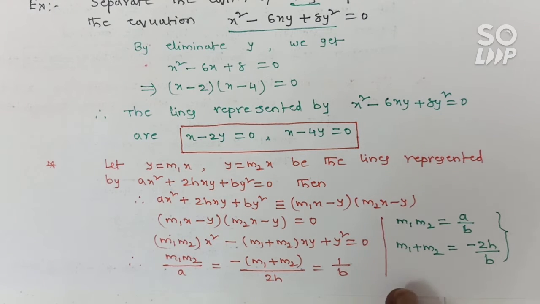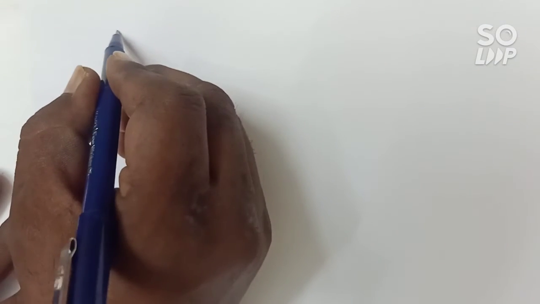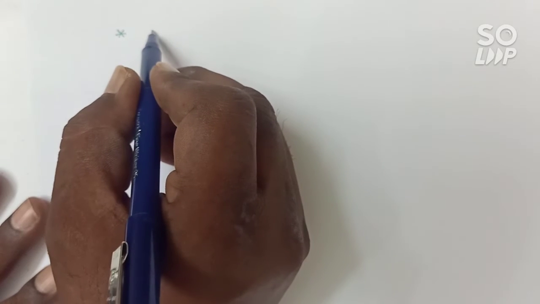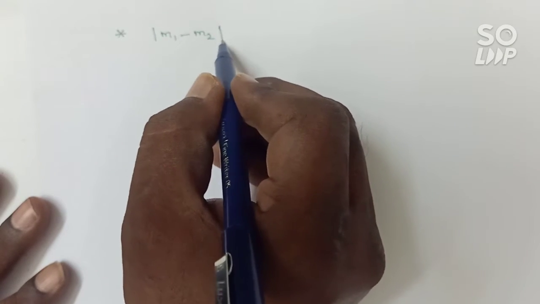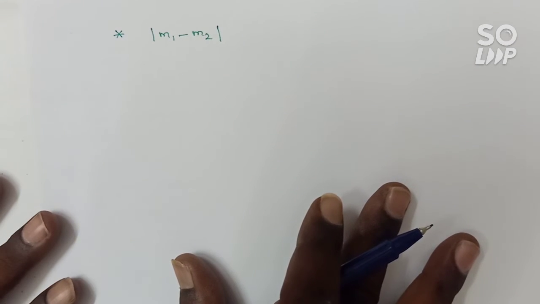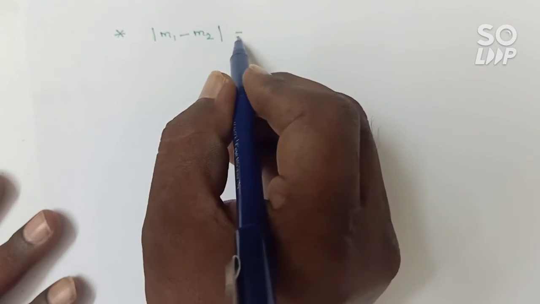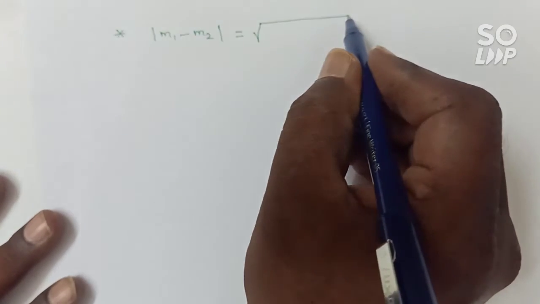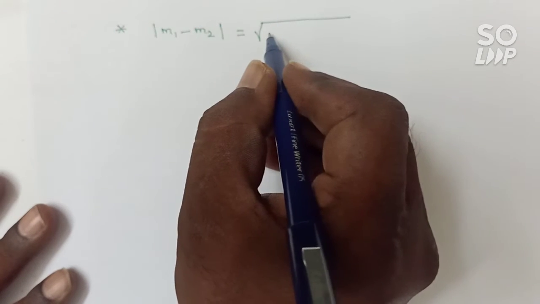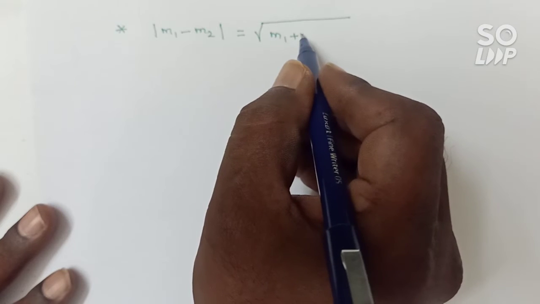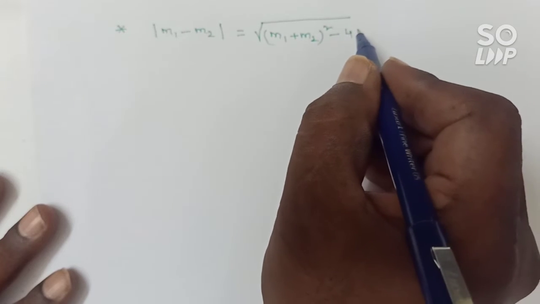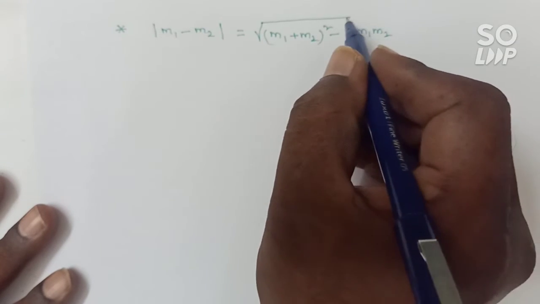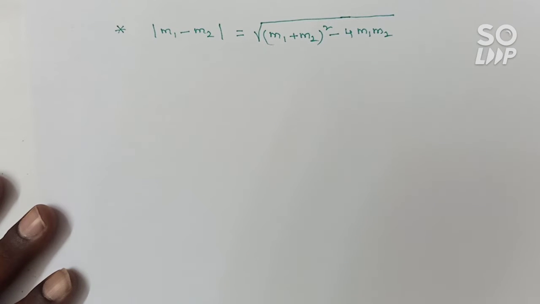Okay, now we'll see the next, the difference of the slopes. The difference of the slopes is modulus of m1 minus m2. Modulus of m1 minus m2, you can write as square root of m1 plus m2 whole square minus 4 into m1 into m2, right?